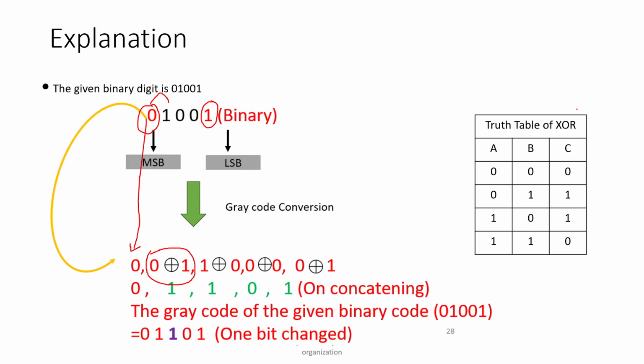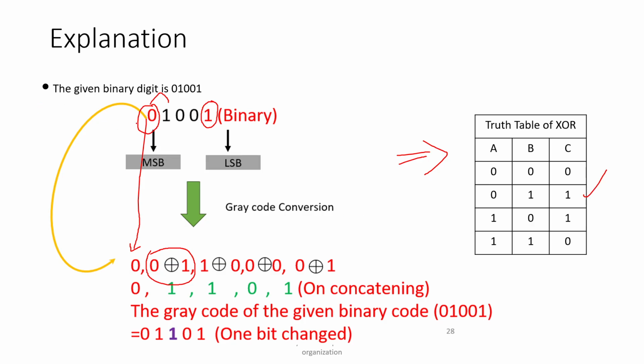This is the truth table for exclusive OR. Whenever both bits are the same, the result is 0: 0, 0 gives 0, and 1, 1 also gives 0. If the bits differ, that is 0, 1 or 1, 0, the result is 1.